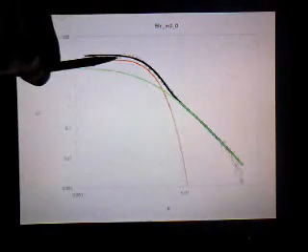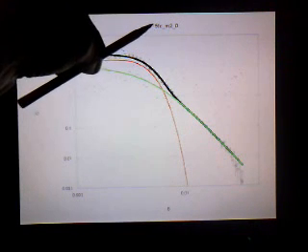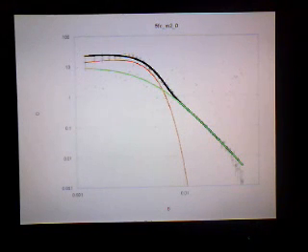Now the other interesting point here is that when you cool the sample in a 5 Tesla field, the exchange bias, instead of being -2, is only -1 Tesla.